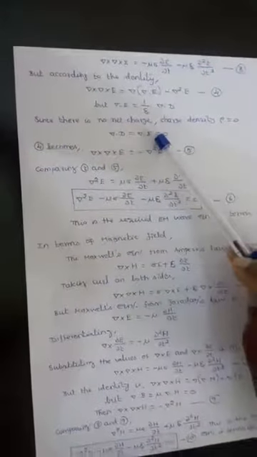Since there is no net charge here, charge density rho will become 0. That means obviously del dot D, in turn del dot E, will become 0. According to this particular assumption, equation number 4 becomes del cross del cross E is equal to, this term will become 0 as such, the remaining term will come here. You take this as equation number 5.